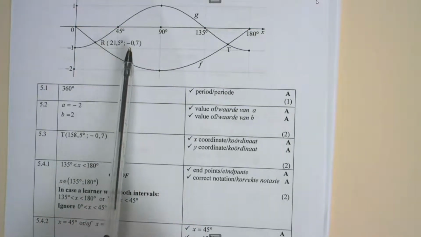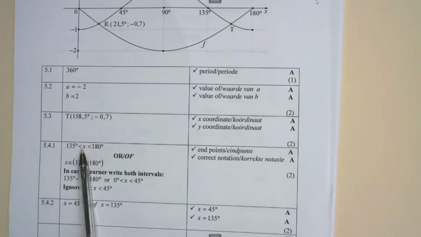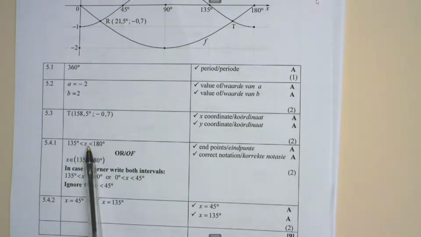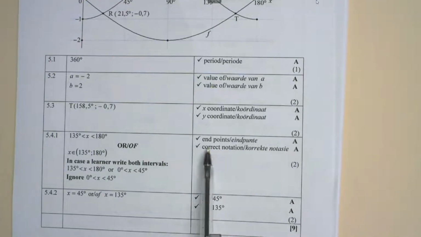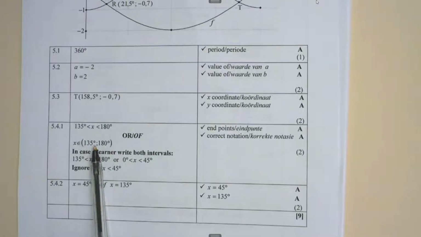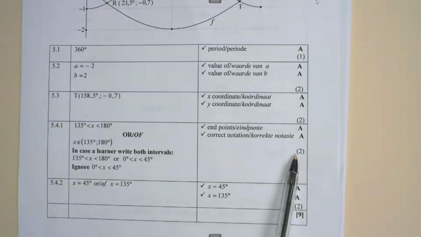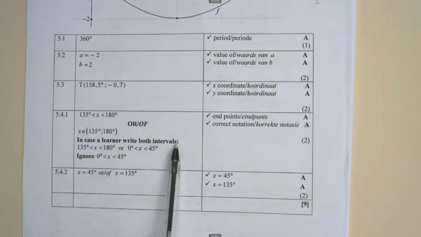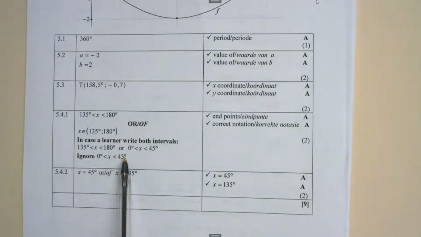Yes, the product of the two. This is the interval where the graph will satisfy the statement, x between 135 and 180 degrees. These are our endpoints. Accuracy mark we give. If the learners have a notation, like for instance, x is an element of 135 degrees and 180 degrees, we also award a mark. In case a learner writes both intervals, ignore this one. 0 is less than x and x is less than 45.